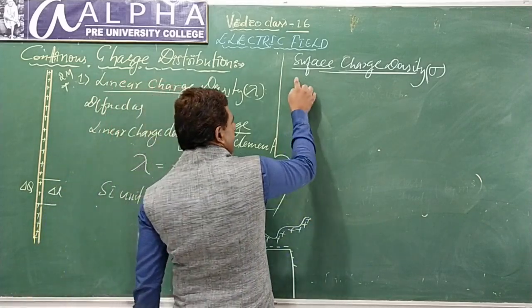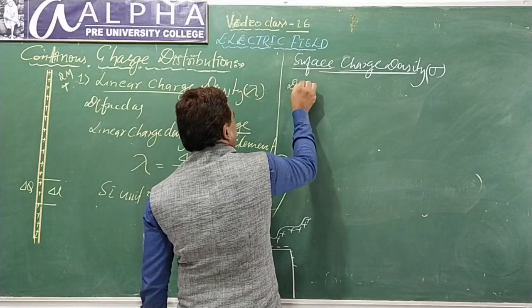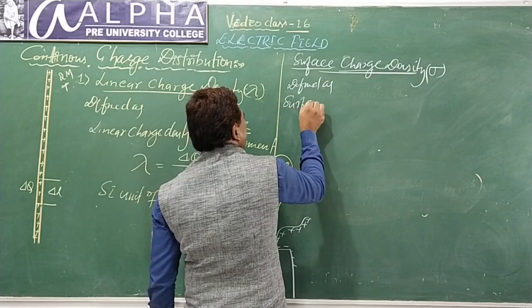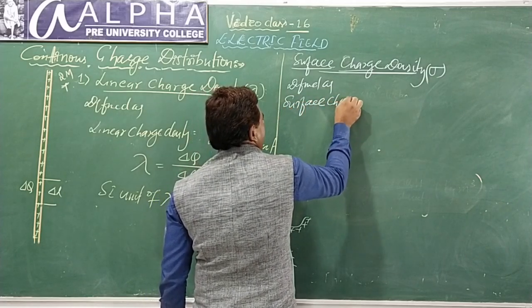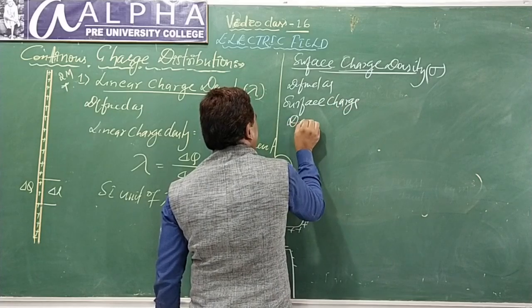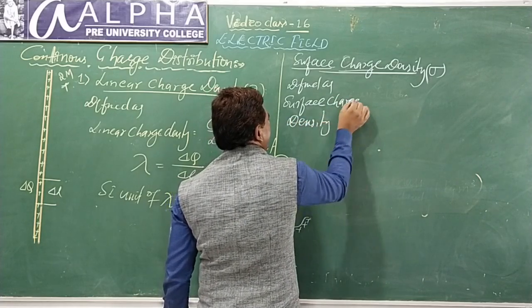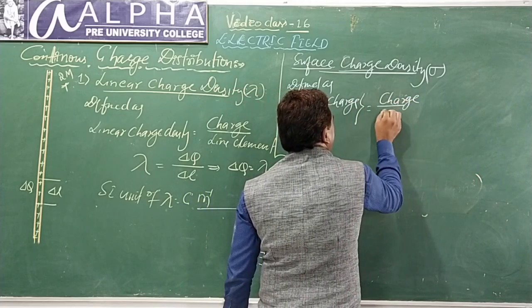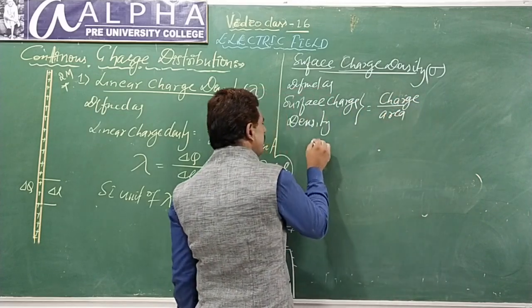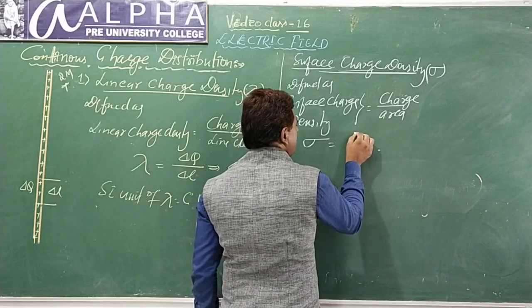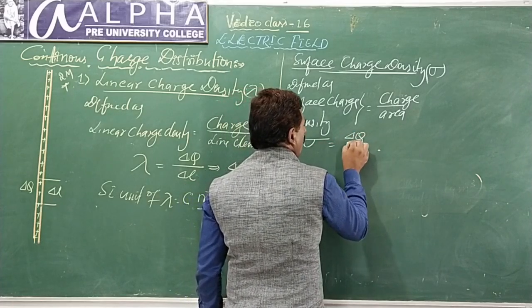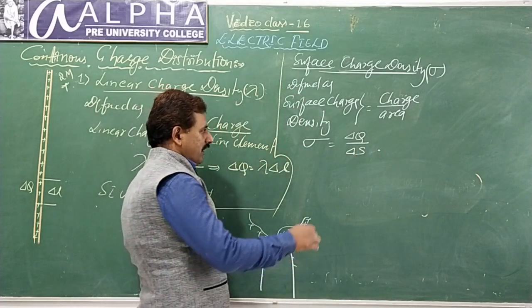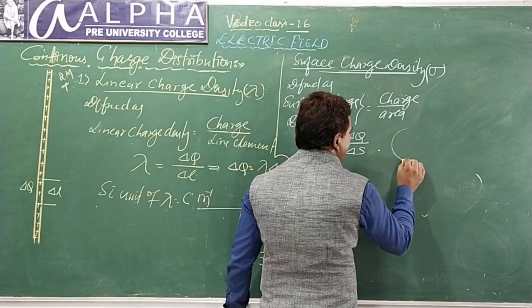So, we define surface charge density. Surface charge density is charge per unit area, denoted by sigma. What is that? Charge delta Q over an area delta S. See, you consider a charged body, say spherical.